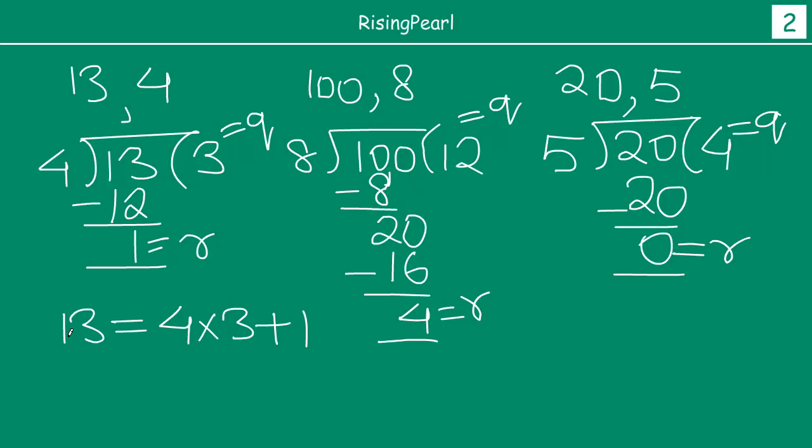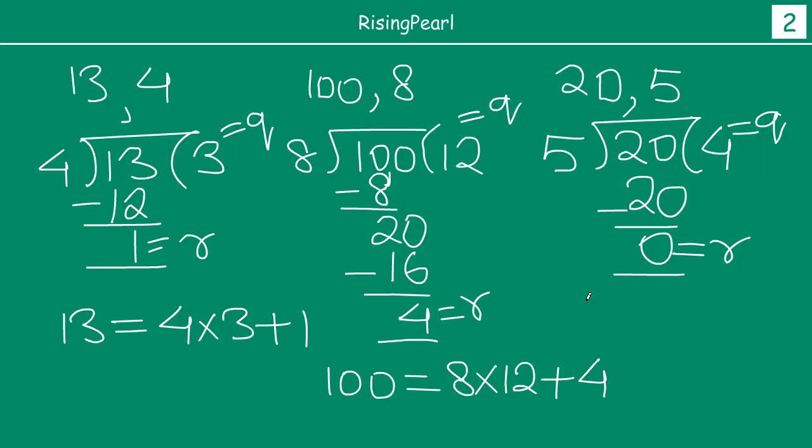Now in this case, the dividend 13 is 4, which is the divisor, multiplied by 3, which is the quotient, plus the remainder. Similarly, here 100 is the dividend. So I can write 100 as my divisor 8 multiplied by my quotient 12 plus my remainder 4.